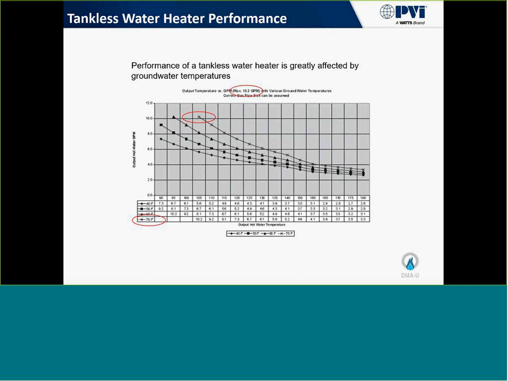But that's with 70-degree incoming water temperature. We very rarely have that. So most of the time our water temperature is going to be much less. So as that thing's sacrificing its flow rate to maintain temperature, that's also where you're getting your pressure loss in that system.